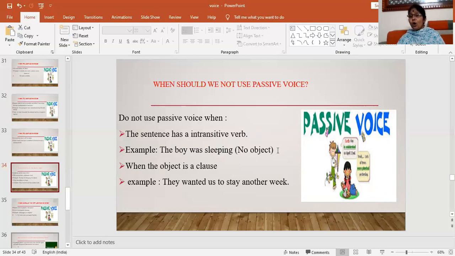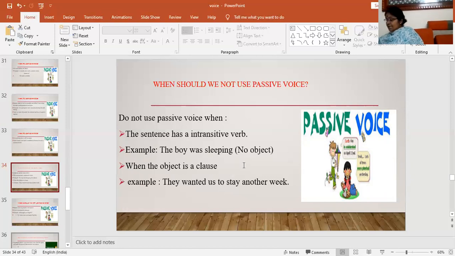There is no object. All intransitive verbs do not have objects. So when there is no object, do not use your helping verb. So remember that you should not use the helping verb when there is no object, right? In this sentence, there is no object. That is why we are not using our helping verb, right?